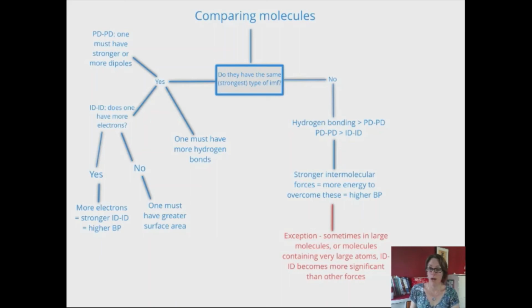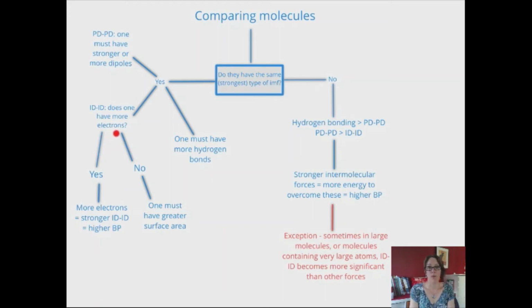For example, an alcohol with one OH group compared to an alcohol with two OH groups. Alternatively, water can form two lots of hydrogen bond per molecule because the oxygen has two lone pairs, whereas in ammonia there's only one lone pair. So there might be some opportunities for a molecule to make more hydrogen bonds than the other one.